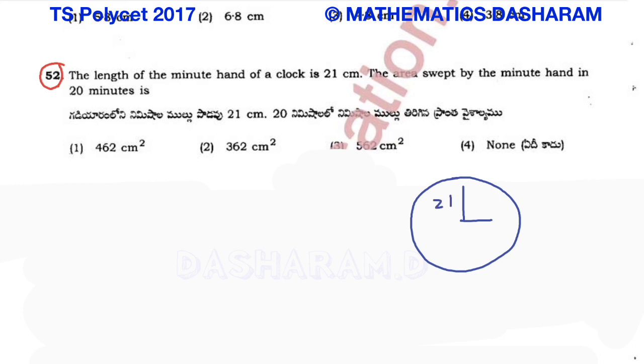The area swept by the minute hand in 20 minutes means the area of a sector. So area of a sector equals x degrees divided by 360 degrees into pi r square. Here x means the angle subtended by the arc in 20 minutes of time. But 20 minutes equals how many degrees?